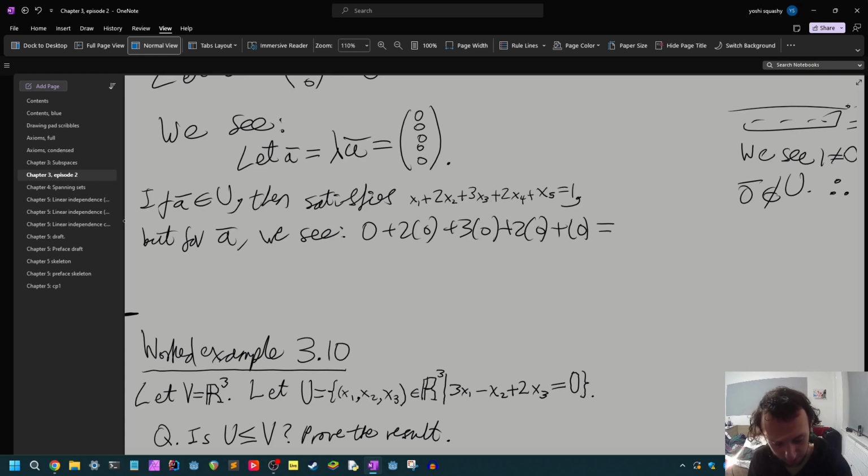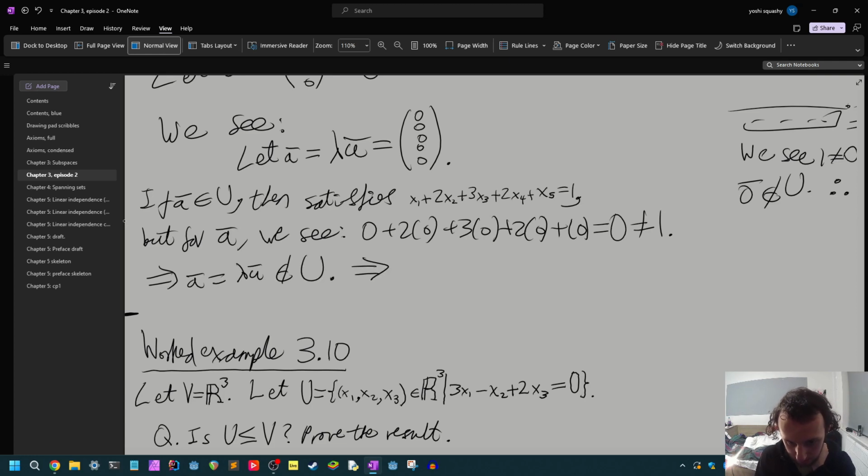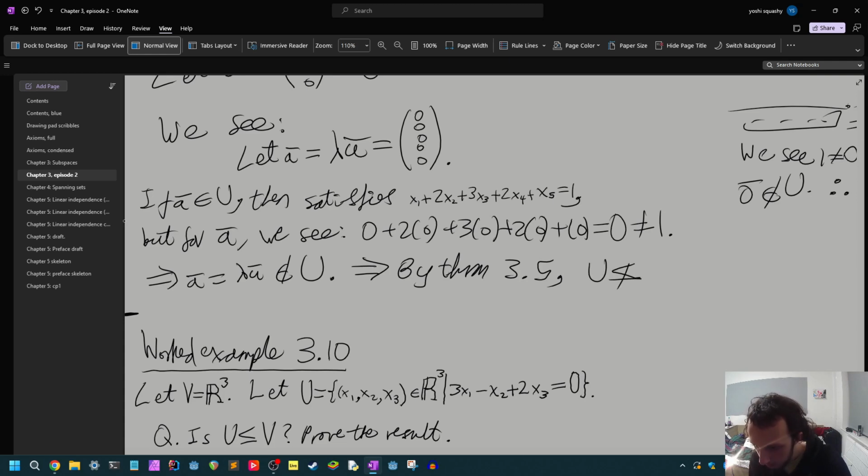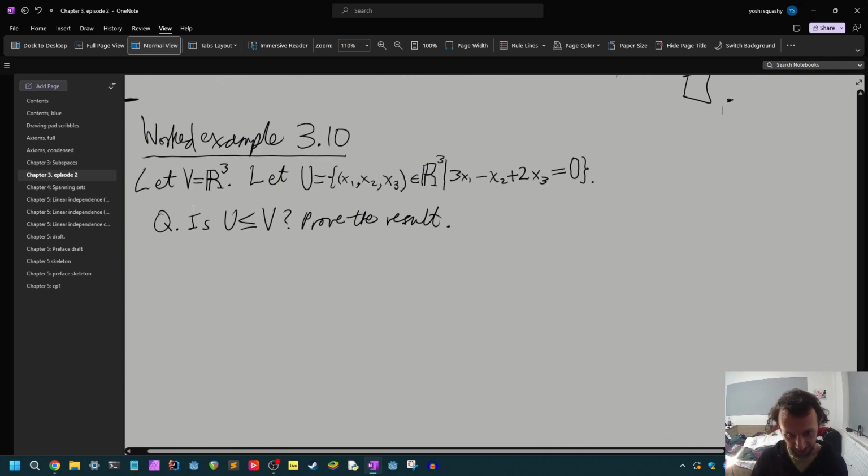Oh my gosh, pure maths be like, equals 0, not equal to 1, implies that A equals lambda u is not of the set U, and this implies by theorem, no, not 3.5, U is not a subspace of V. Alright. And one more to go. I hope you're very excited for this.